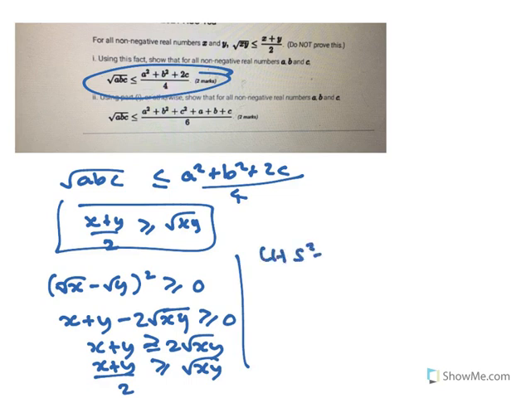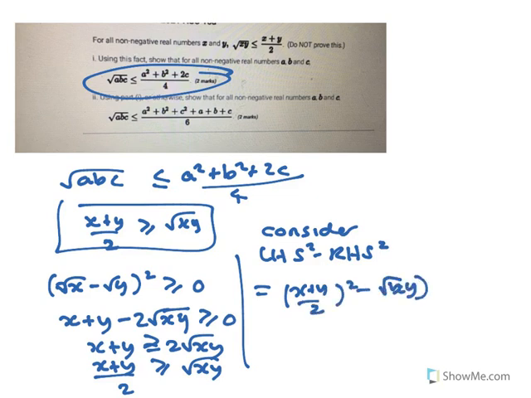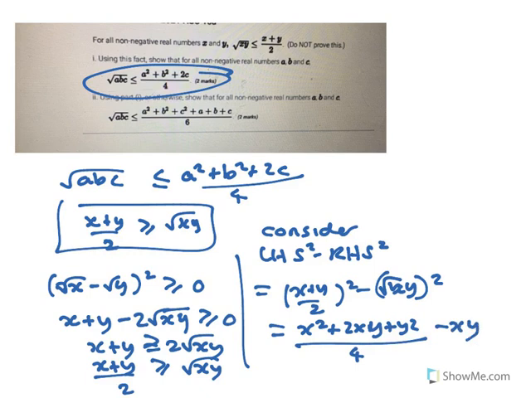Or you consider left-hand side, you have to set this out. Consider left-hand side squared minus right-hand side squared. So that would be x plus y on 2 squared minus root xy squared, which is x squared plus 2xy plus y squared on 4 minus xy, which is x squared minus, and we're going to get a common denominator, 2xy plus y squared minus 4xy on 4.